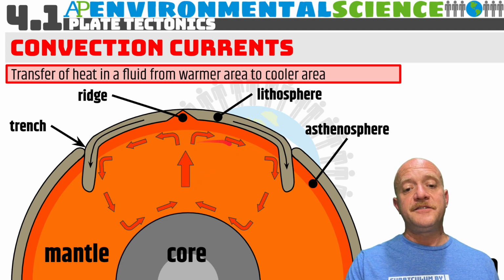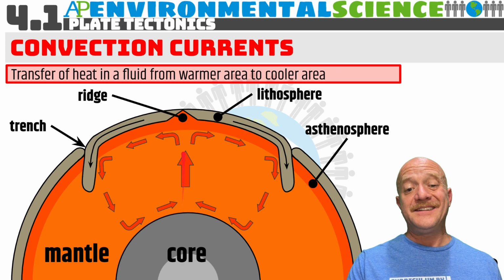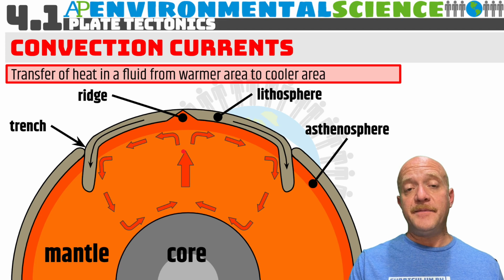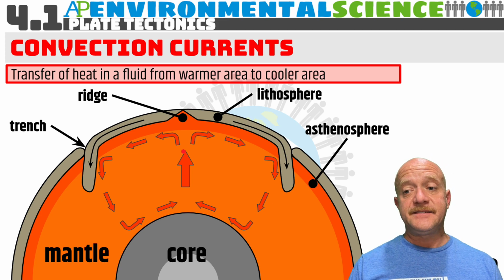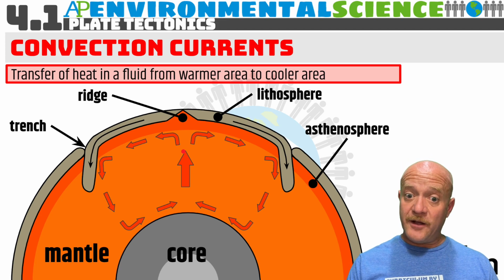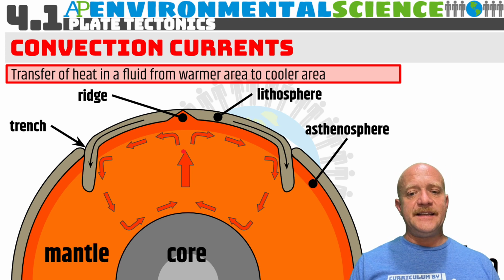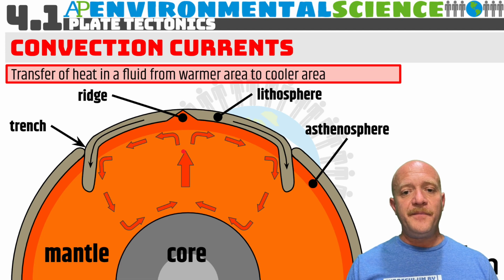So convection currents are simply the movement of fluids from hot to cold. Again, it can be seen in gaseous phase too, like in the Earth's atmosphere. Now, pay attention to this diagram.